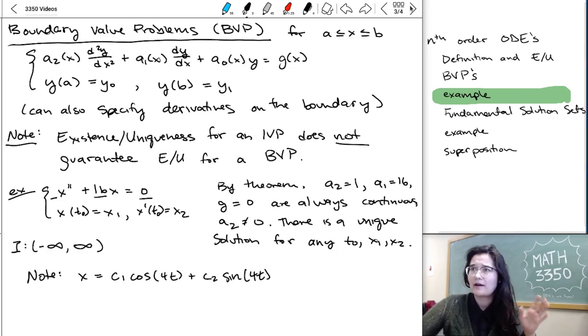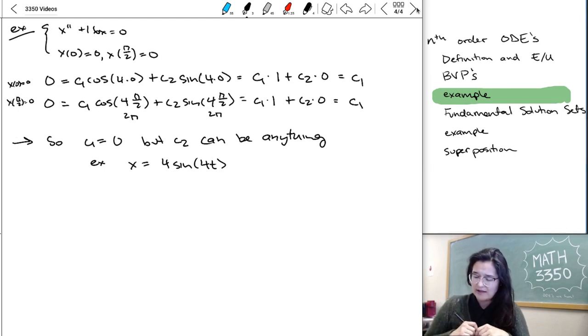Sorry, I don't know why I accidentally moved the page like that. But also x equal to 4,000 sine 4t would also be fine.